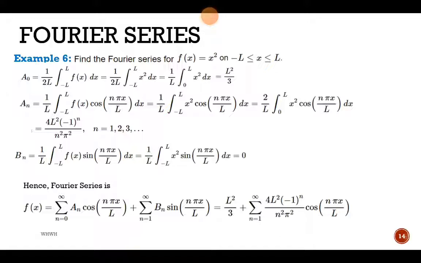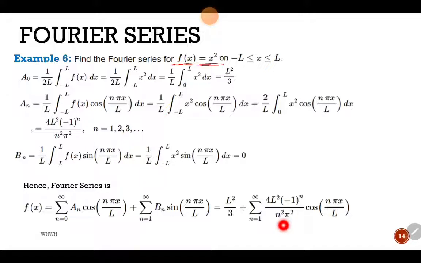Okay, so untuk A0 dengan AN, saya dah explain dalam lecture video sebelum ni. So hari ni kita akan cari BN untuk fx sama dengan x kuasa 2. So tengok ni, find the Fourier series for fx sama dengan x kuasa 2 on x from negative L to L. Untuk A0 dengan AN kita dah dapatkan dalam lecture video sebelum ni.